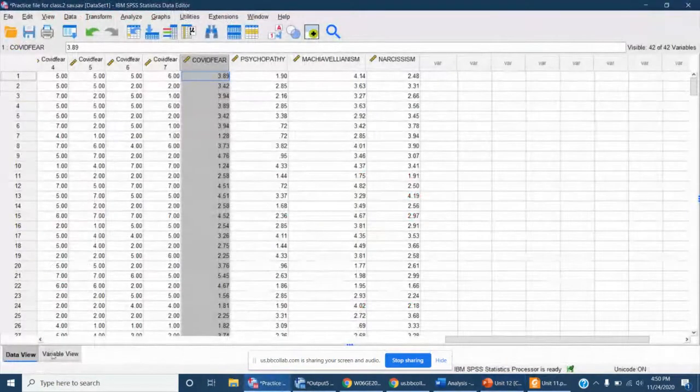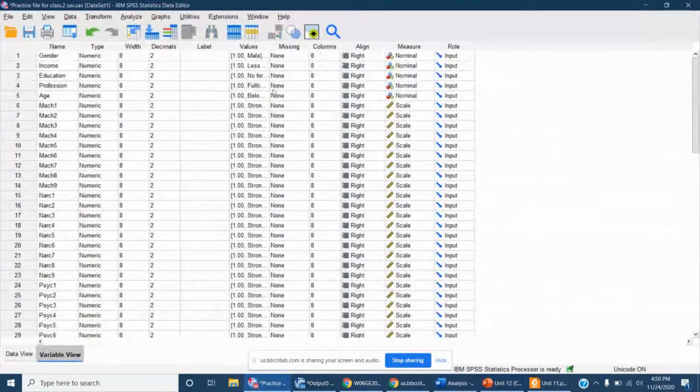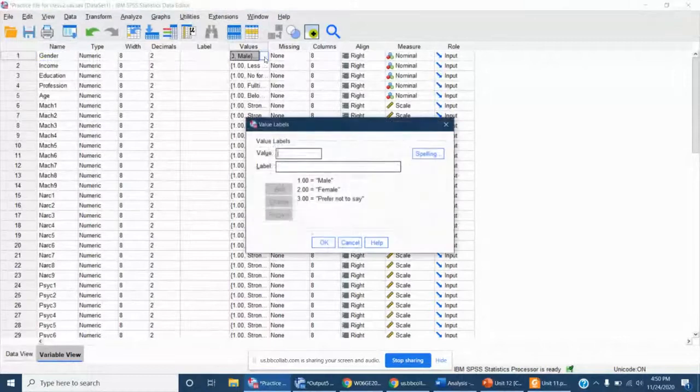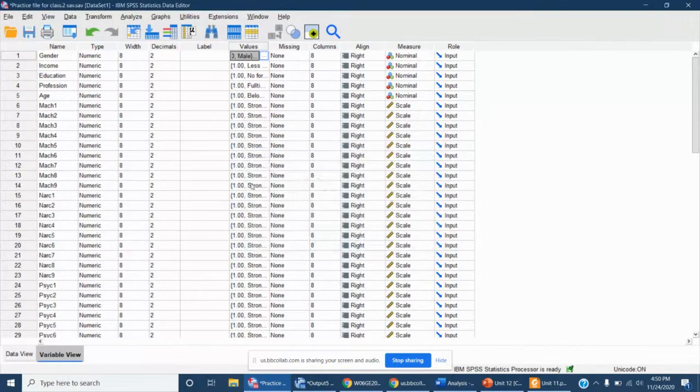Let us go to our variable view and see which of our variables have two response categories. Gender has two response categories. Prefer not to say was not used by any of our respondents. So all our respondents are between male and female. So it has just two response categories.